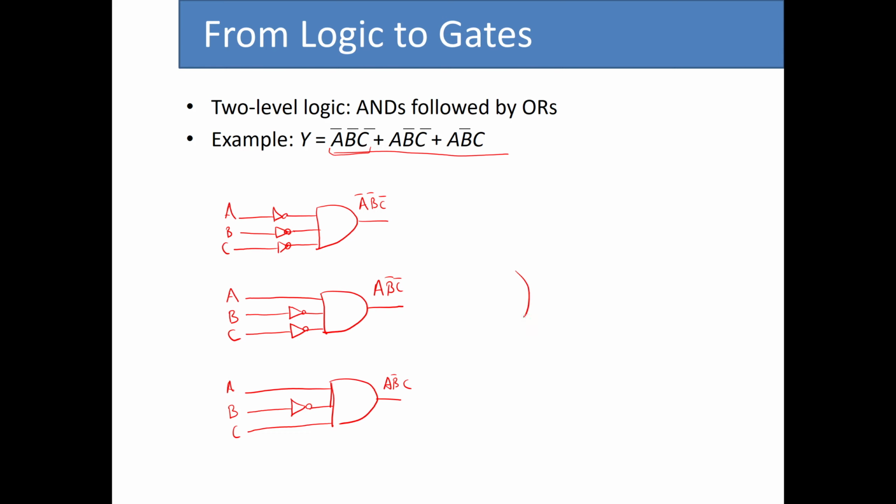And finally what we have is a 3-input OR gate that gets inputs from the output of these 3-input AND gates and combines them together to create the final value for the function. So if you look closely here, you see that there are some redundancies here.